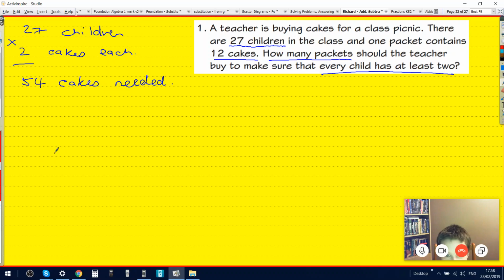So we would need, wait, so the teacher would need 54 packets. How many cakes are in one packet? 2. No, wait, no, one packet contains 12 cakes.